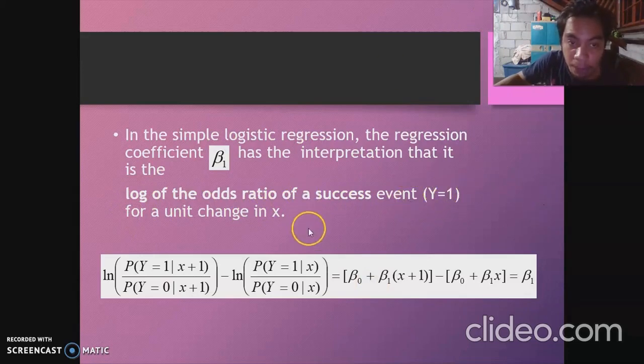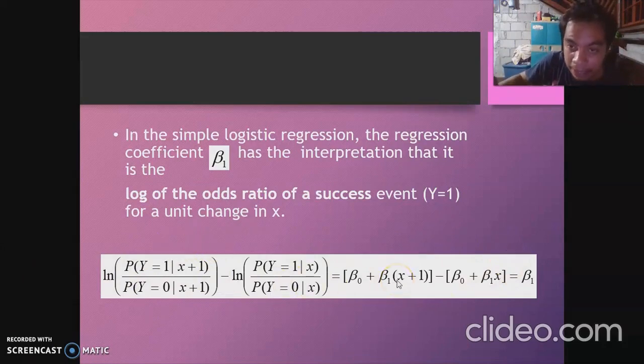So, every time po na may nire-respond, mayroon po kayong ini-input na variable for a unit of change in x. So, this is the formula that uses logistic regression.